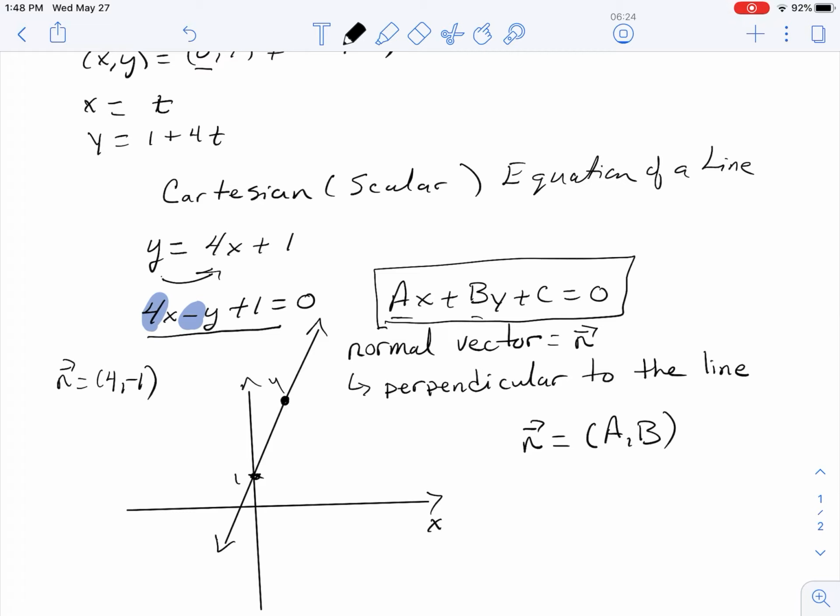So let's see where that is. Again, remember, this is just a sketch here. But 4, negative 1, so that would be 4 over, and then negative 1. So again, this vector here would be my normal vector, 4, negative 1.